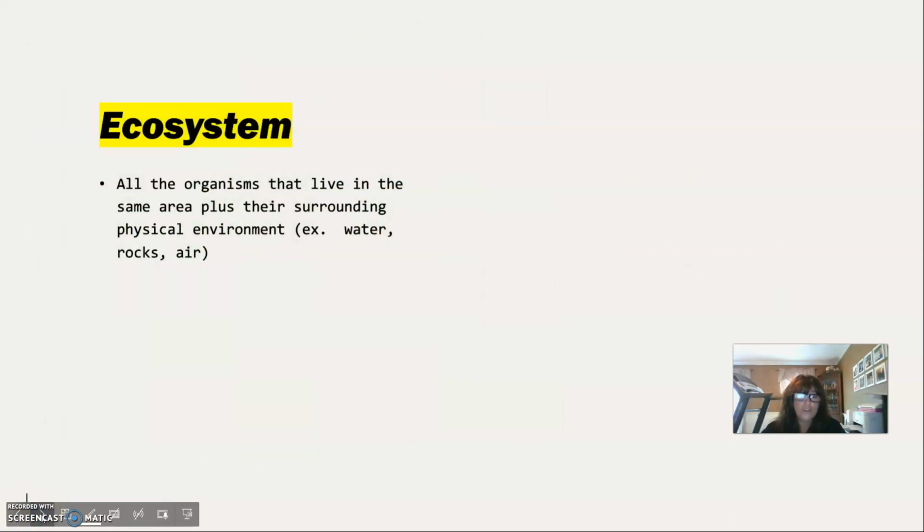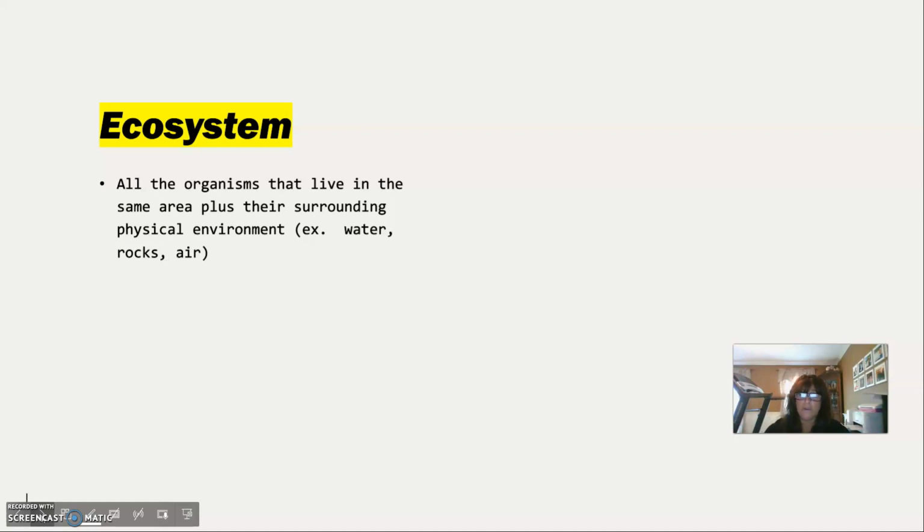Next, larger, has to do with the ecosystem. The ecosystem are all of those populations or that community, and then we want to include the physical environment.